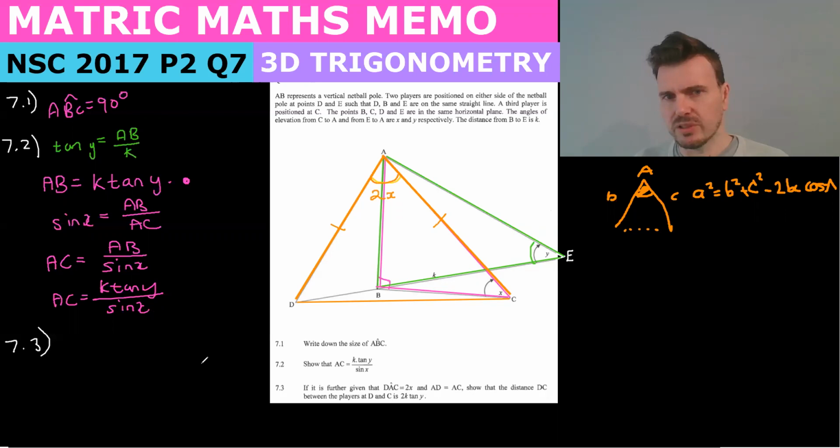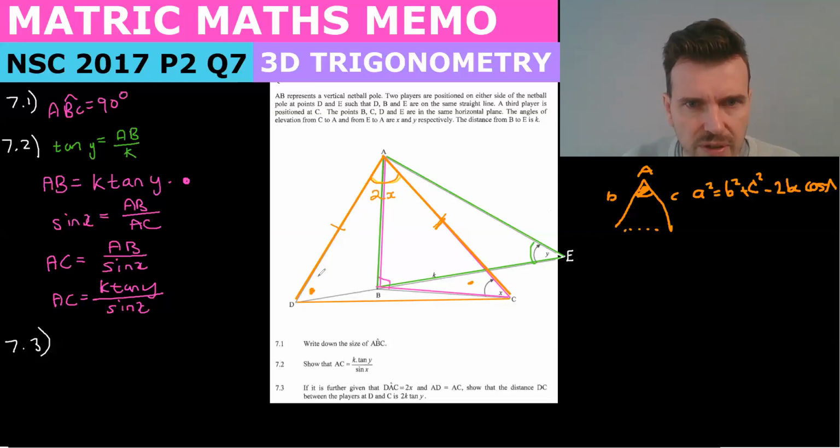I'm going to do a different way, because in the other videos I've done this. So if you're looking to figure out how to do this, check out my memos from 2018 and 2019. But I'm going to try a different way. I'm going to use the sine rule in this, and it goes like this. These sides are equal, which means these angles are both equal.